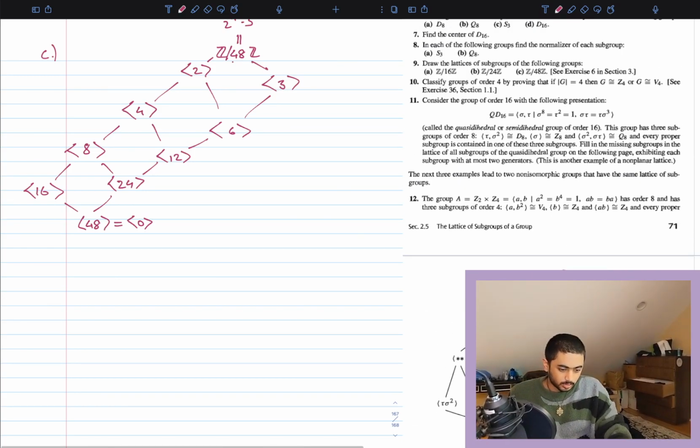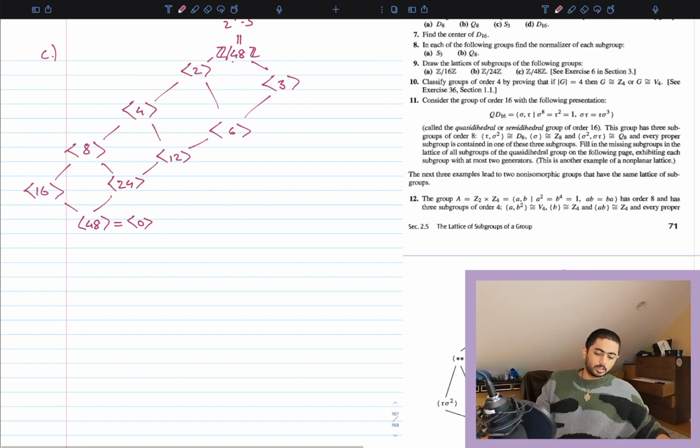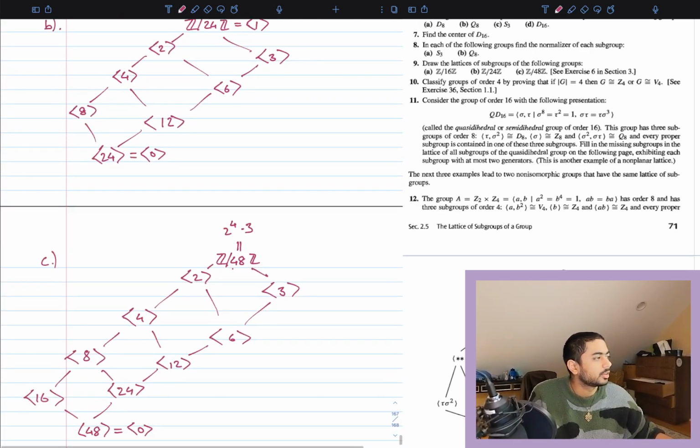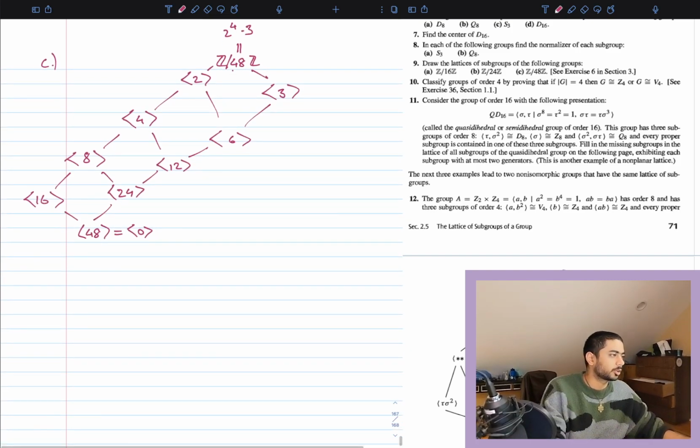So, where were we? Okay, so last time we finished up until the end of question 9 in this section, and we're currently working on the last section of chapter 2.